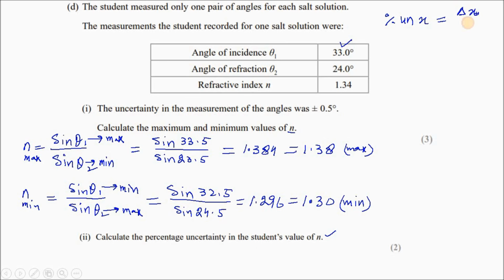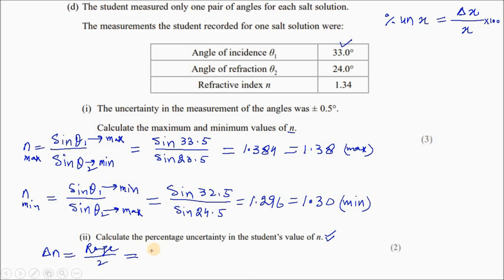Uncertainty in the quantity, delta x, divided by measured value x, and multiply by 100, of course, because we have percentage. So we need to find the uncertainty in the value of n. Delta n, which is uncertainty in refractive index, is range divided by 2. That's how we find the uncertainty. And range is maximum minus minimum.